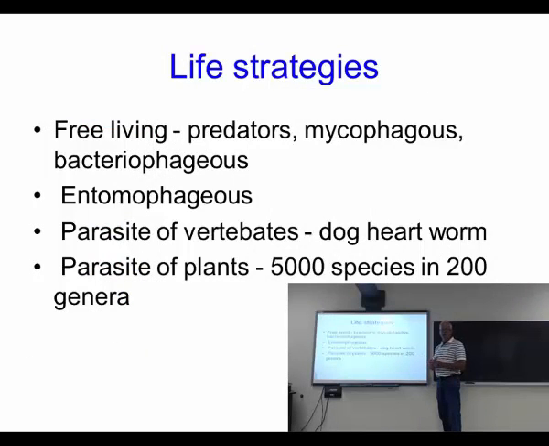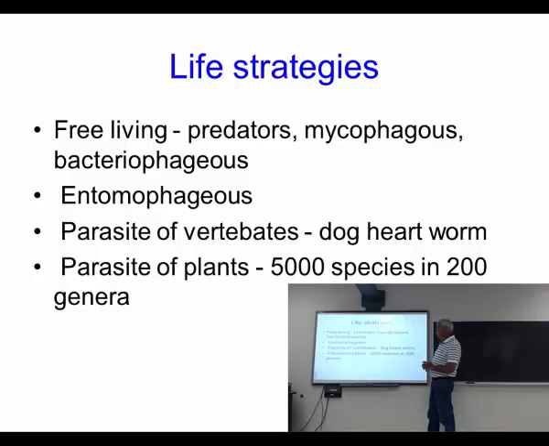In general, nematodes have many different life strategies. We refer to many of them as free living because they are predators. They could be mycophagous, where they feed on fungi, bacteriophagous, feeding on particulate matter, including bacteria in the soil. We have entomophagous nematodes, those that are parasitic on insects.